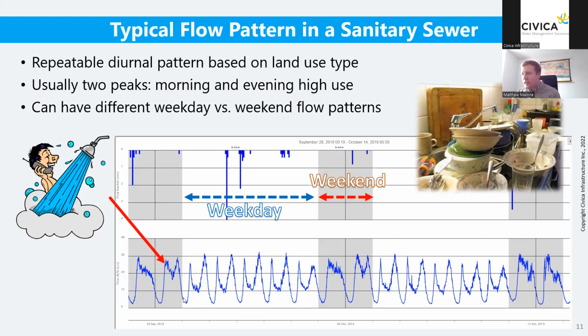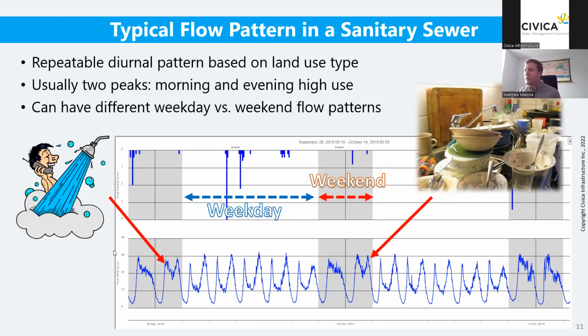So this is day one. This is a Sunday, a Monday, a Tuesday. Every day you're getting this repeatable pattern of human input to this collection system, and this is the resulting flow from the system. In the morning you have a peak typically, and then another peak at night when everybody's home from work, doing their dishes and using a lot of water.